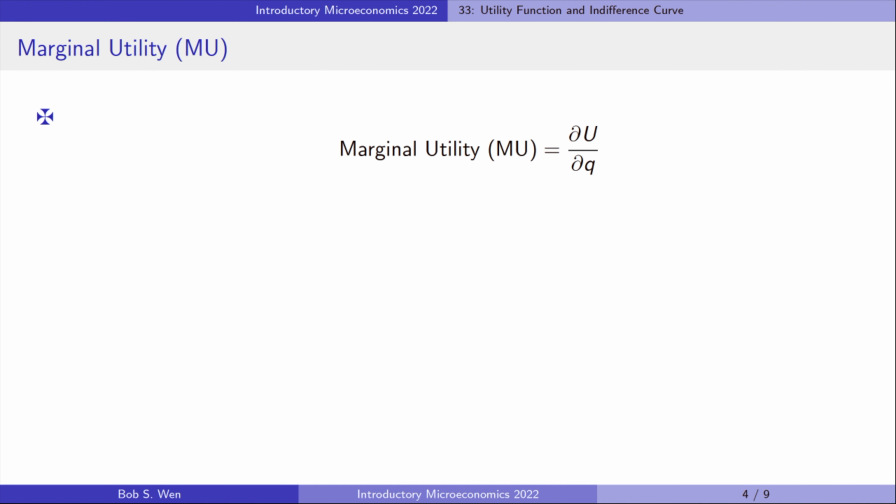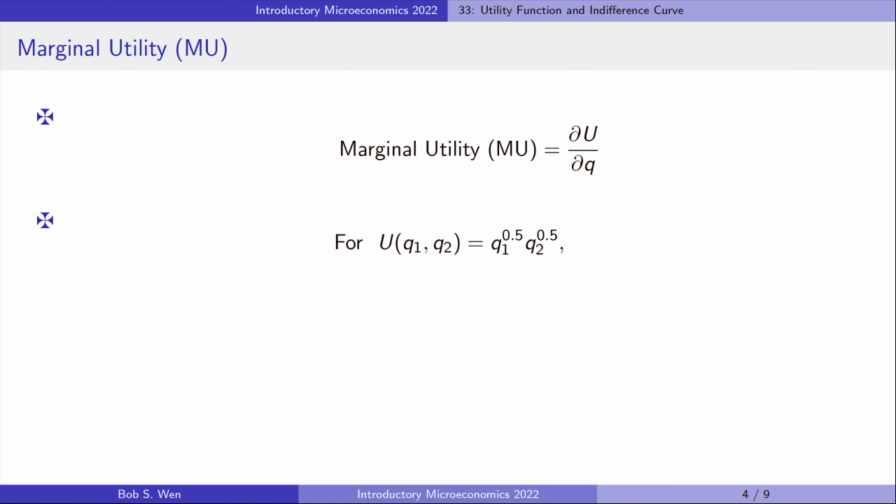For a utility function, we can calculate the marginal utility. Marginal utility, MU, is the additional utility that a consumer gets from consuming one more unit of a good. It can be expressed as partial U divided by partial Q. It is the change in utility with respect to a slight change in the quantity of a good, holding constant the other good.